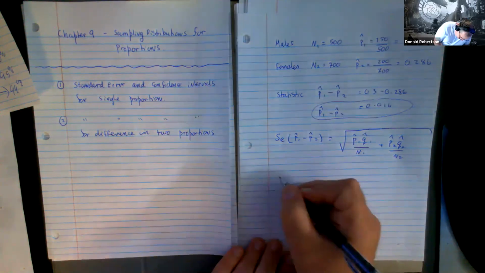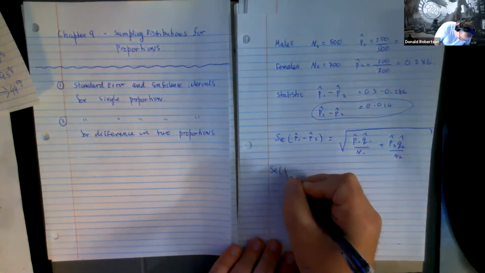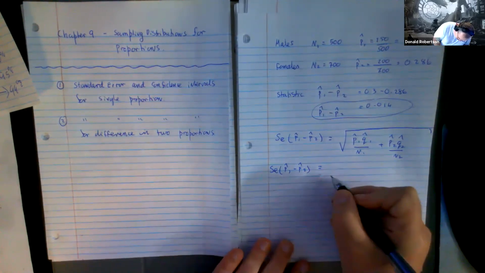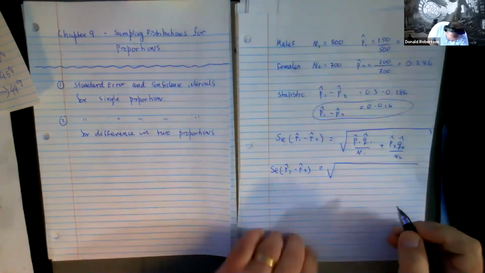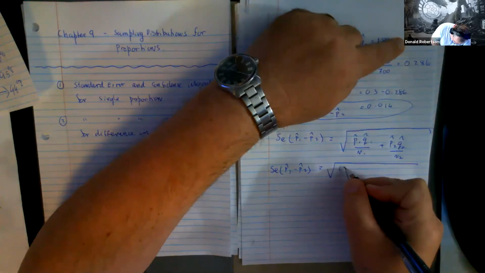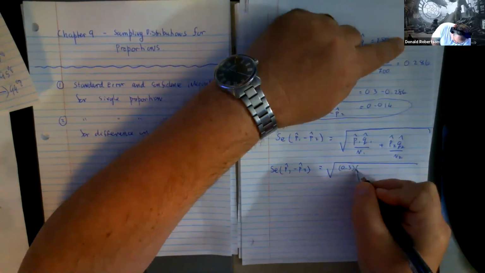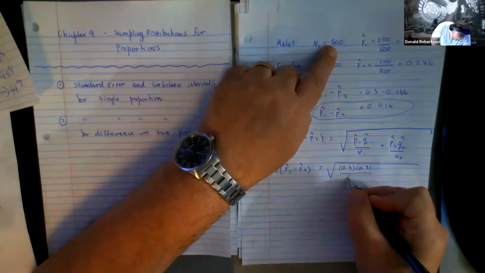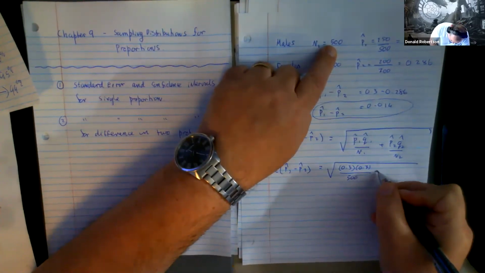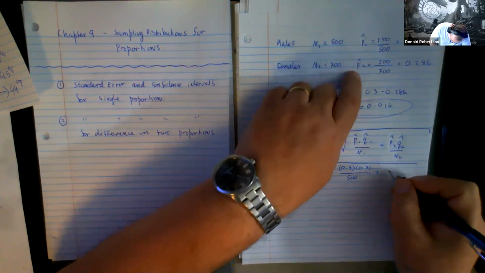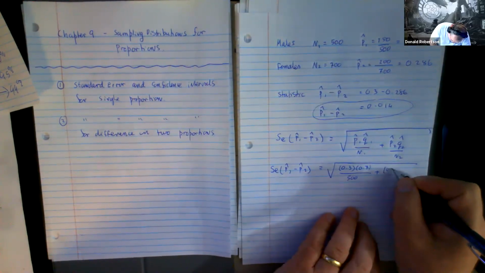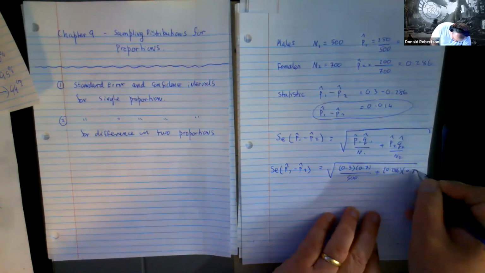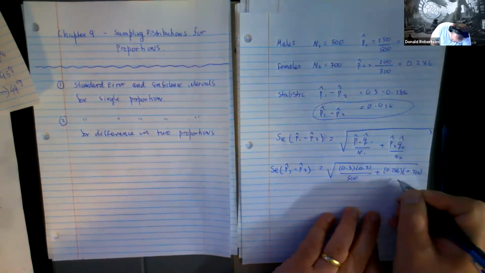So here goes. The standard error of p1-hat take away p2-hat is the square root of p1-hat, 0.3, the other guy is 0.7, divided by 500, plus p2, it's 0.286, 0.714 out of 700.